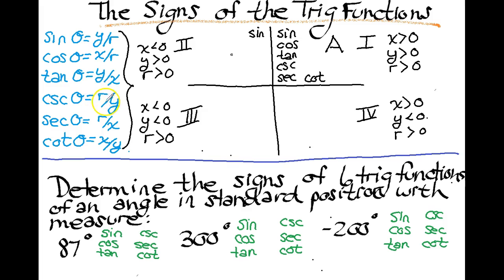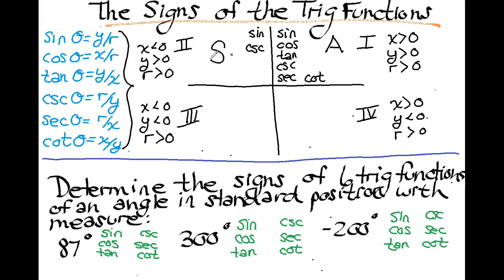Cosecant is r over y, a positive over a positive, so cosecant will be positive. Secant is r over x, positive over negative, so that's negative. Cotangent is a negative over a positive, so that is negative. So in quadrant 2, we only have sine and its reciprocal positive. So I'm going to mark this with an S for sine and its reciprocal.